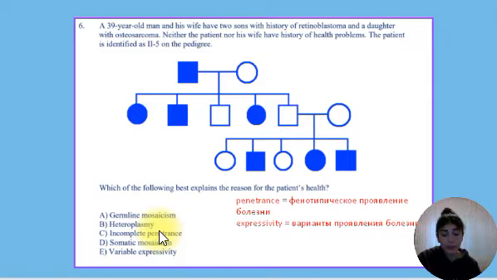Heteroplasmy is when we talk about mitochondrial disease first of all, and then only mothers can pass it to their children.